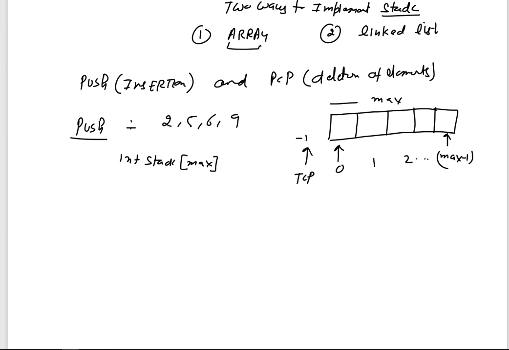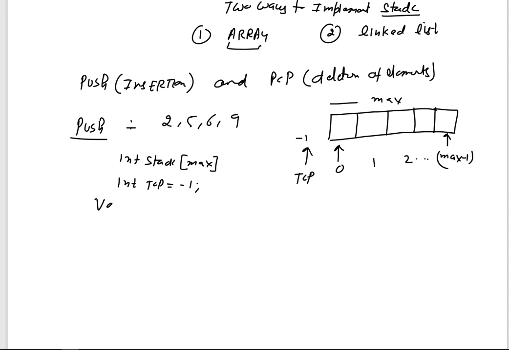Now we will initialize top equals -1. Why -1? Because initially this array is not holding any element. Initially this array is empty. That's why we are initializing top equals -1.